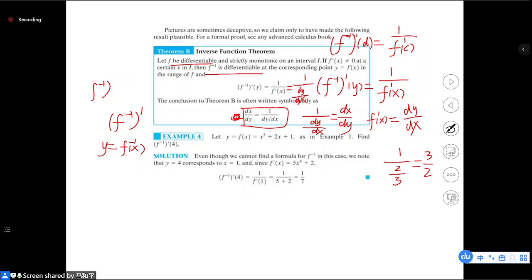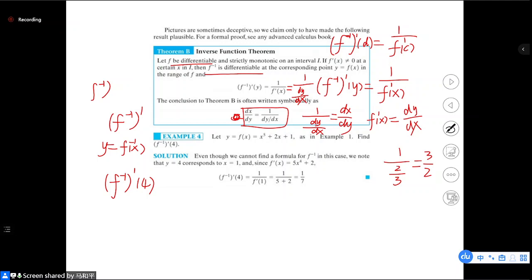And this is the last example, example 4. We have y is x to the 5 plus 2x plus 1, and find f inverse prime 4. Here we find f inverse prime 4. We see now here, f inverse prime d is 1 over f prime c.